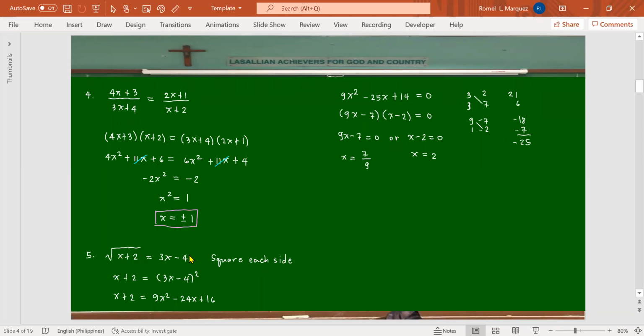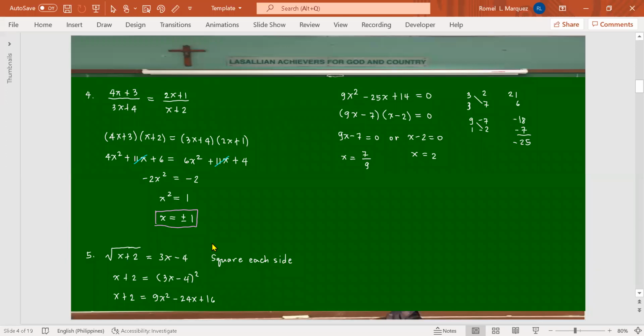So we have to check. The right side is always a real number because when you plug in x, it will never be imaginary. So the right side, we have to maintain it is positive. So will 7 over 9 make the left side positive and equal to the right side? Let's see.